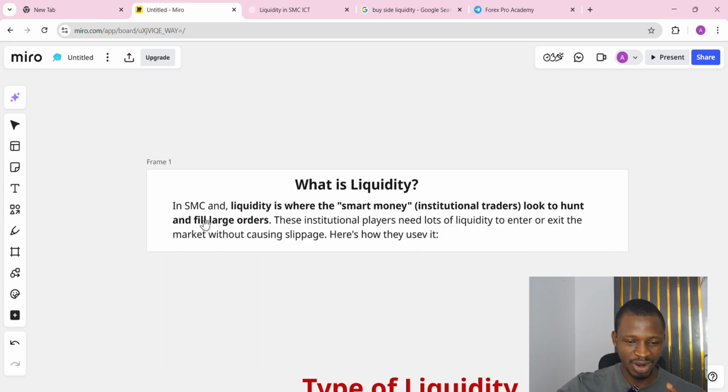A simple definition professionally in the trading world would be this definition here. In SMC, liquidity is where the smart money or institutional traders look to hunt and fill large orders.